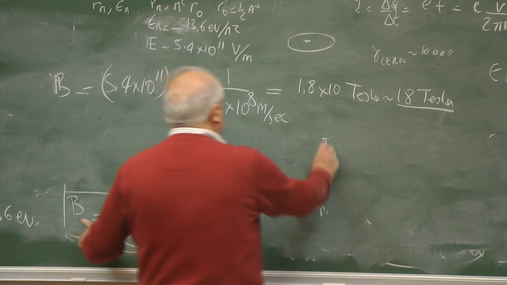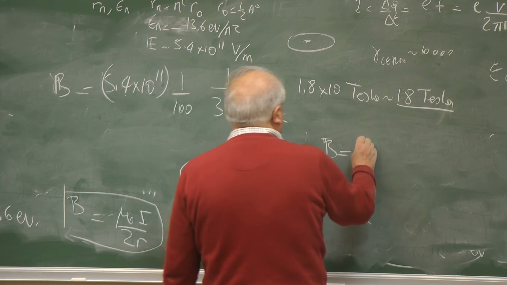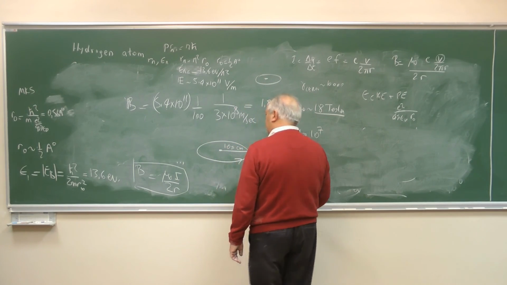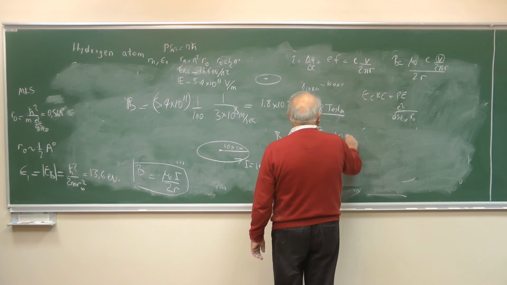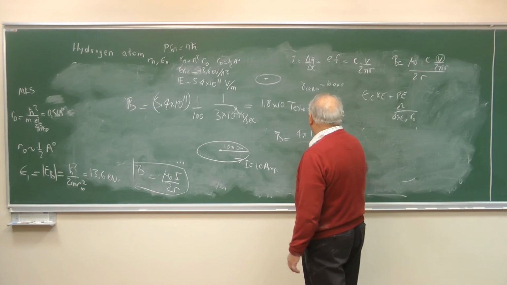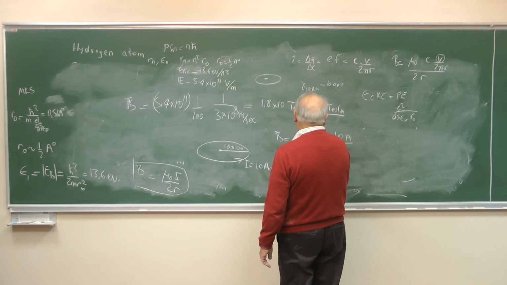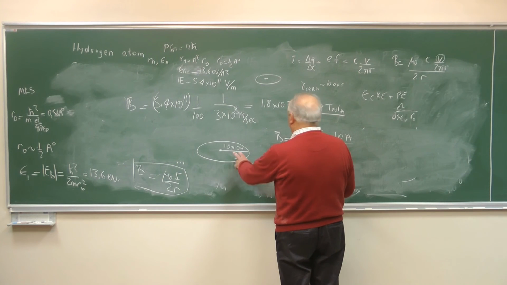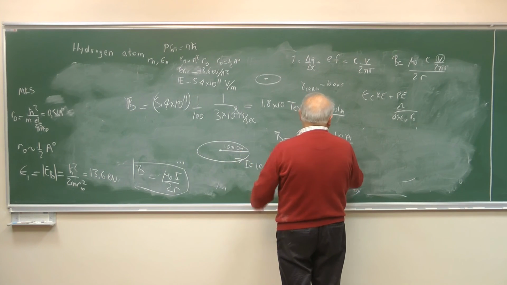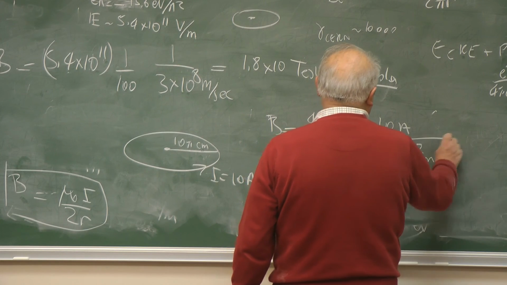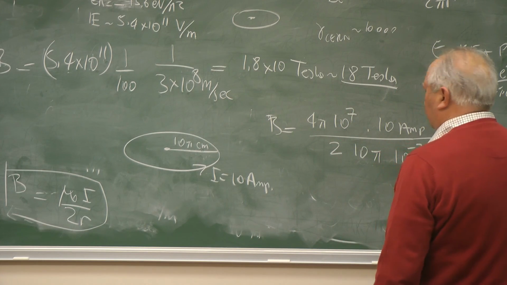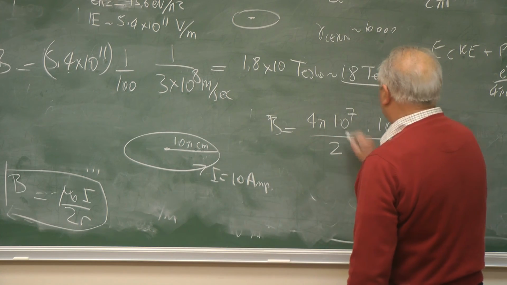So B is equal to mu 0, that's 4 pi times 10 to the minus 7, times 10 amperes, divided by 2R. 2 times R is 10 pi times 10 to the minus 2 meters. The result will be in Tesla. That's why I took pi, so that I can cancel this.